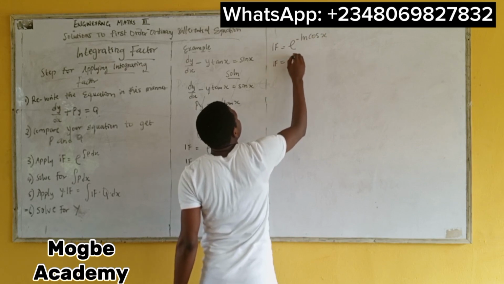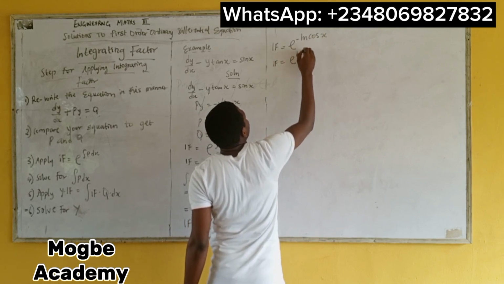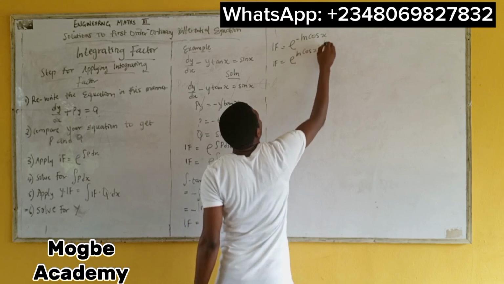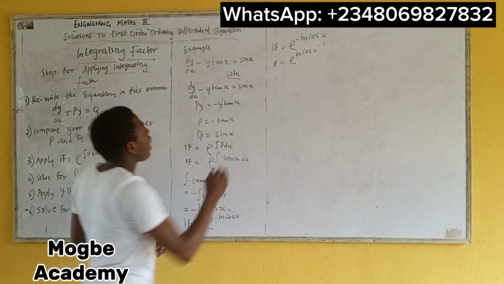That's it. Now we can do something to this minus. IF is equal to exponential ln cos x raised to the power of minus 1. You can have this.